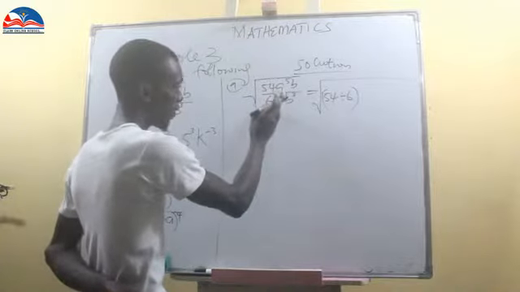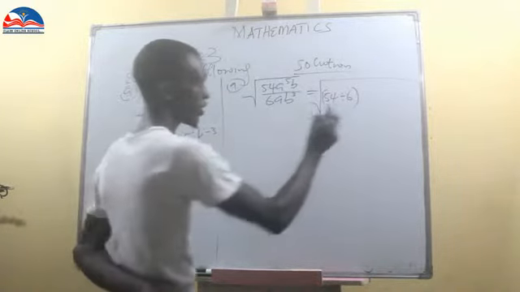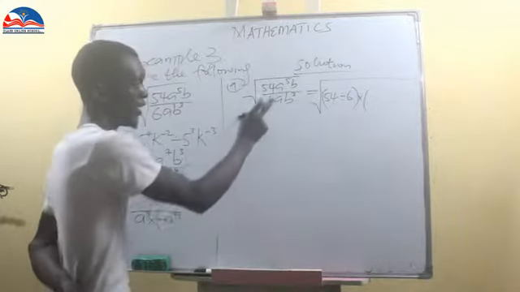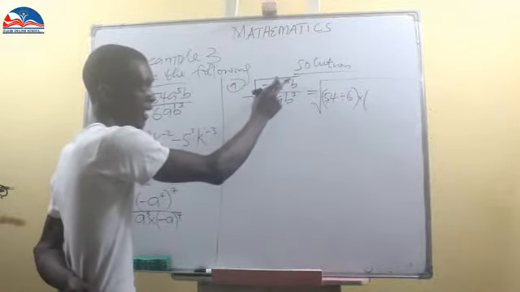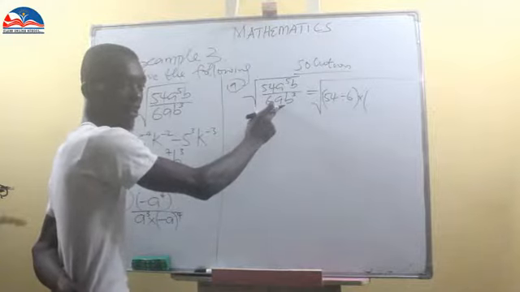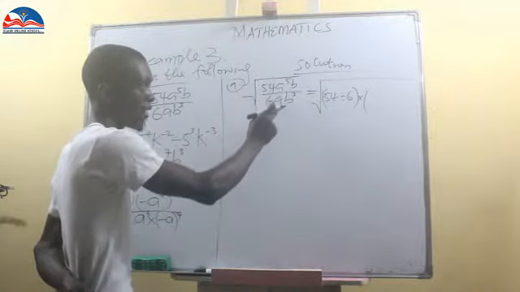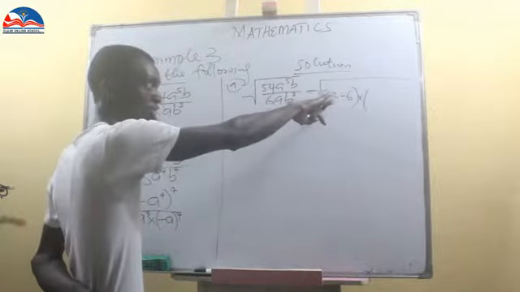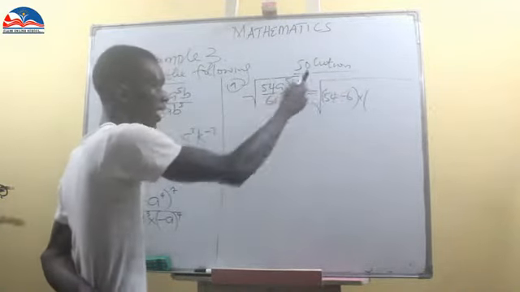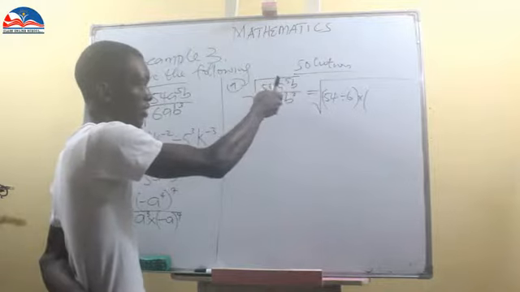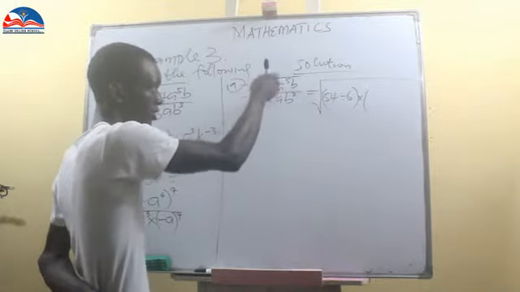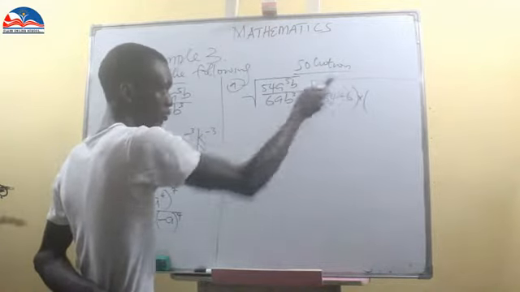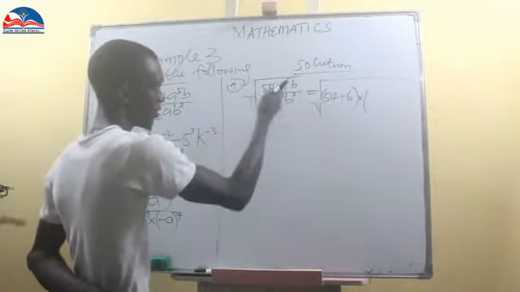Nothing changed. Multiply by a^5 over a. I can put this base just as I put these two numbers, 54 divided by 6.